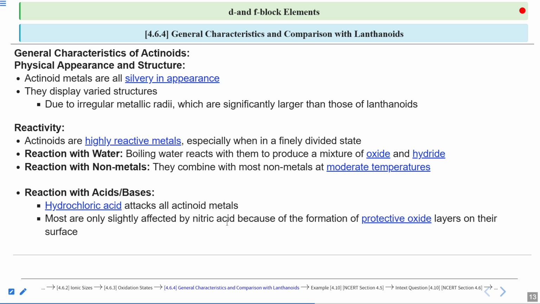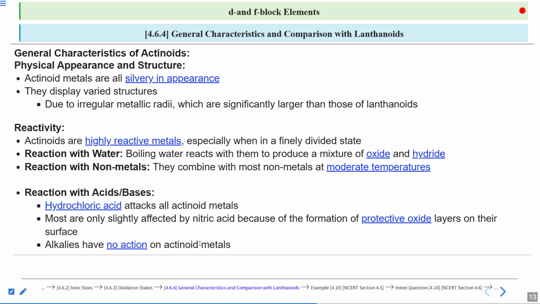Most are only slightly affected by nitric acid because of the formation of protective oxide layers on their surface. Most of the actinoids are very little affected by nitric acid. Why? Because when they react with nitric acid, a protective oxide layer forms on the surface of the metal. And alkalis have no action on the actinoid metals. So bases have no action on actinoid metals.